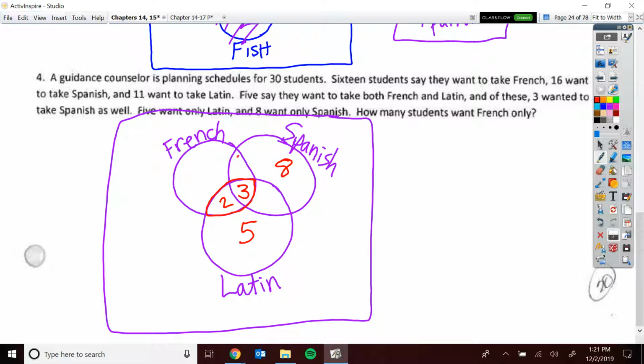You got this one and this one. And the French was this one and this one. Okay, how many unknowns are in the Latin circle? Just this one right here. Therefore, Latin has only one unknown. That's where you have to start. Latin has the one with one unknown. So start there.